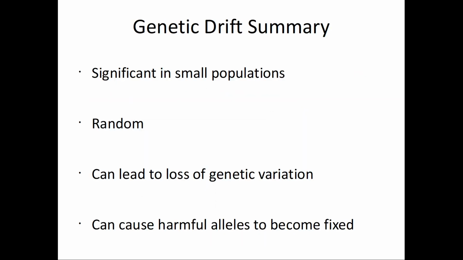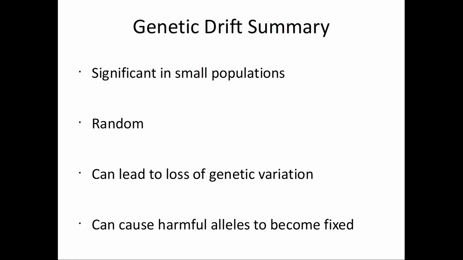All right, so genetic drift summary. It is significant in small populations. It's less significant in larger populations. It is random: the boulder falling down the mountain, that individual falling off a cliff, that gnat being swatted by a human, or a bug being stepped on in your house, all random events. It can lead to a loss of genetic variation, especially if that individual had a rare genotype, and can cause harmful alleles to become fixed because you've basically reduced the number of individuals in a population.